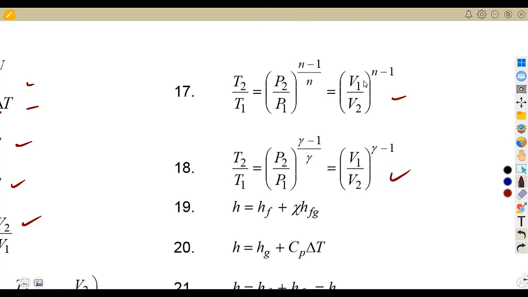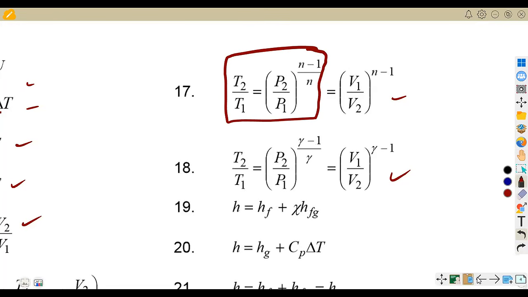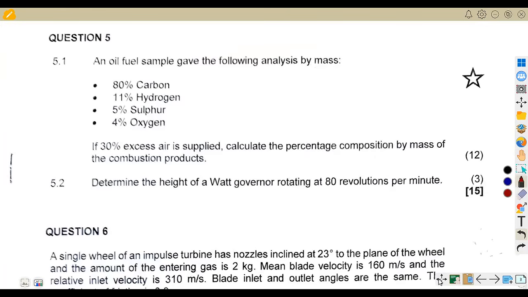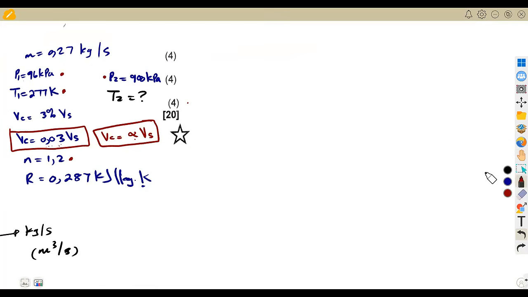Since we do not have V1 and V2, we are going to take these two. We are going to be operating with T2 and T1 to P2 and P1. So this is the part that we are going to take on our formula. All right, so let me just write our formula here. Like I said, we're going to take that part alone. So that's 4.22.